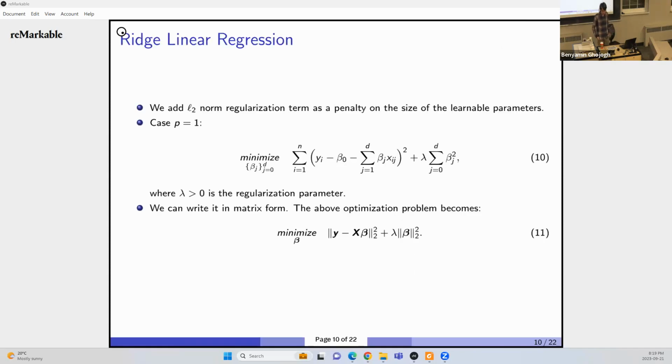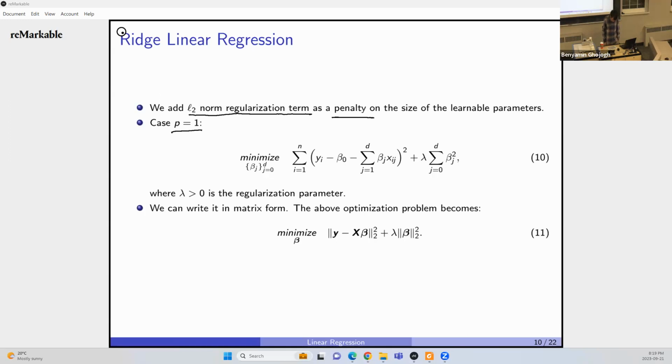Now let's consider ridge regression. We add an L2 norm regularization term as a penalty on the size of the learnable parameters. So we want to shrink them, penalize them as a regularization term. For now, consider we have one scalar label, so P is 1.